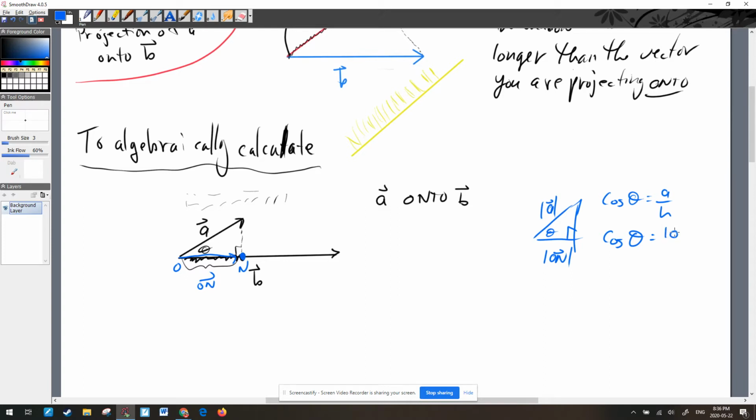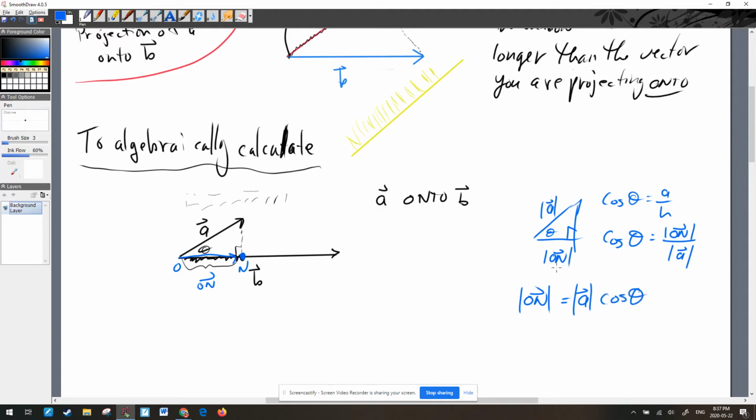So this is the magnitude of ON over the hypotenuse, which is the magnitude of A. What we're really interested in is the magnitude of ON. So let's do some rearranging. If I multiply both sides, the magnitude of ON is equal to the magnitude of A times the cosine of theta.